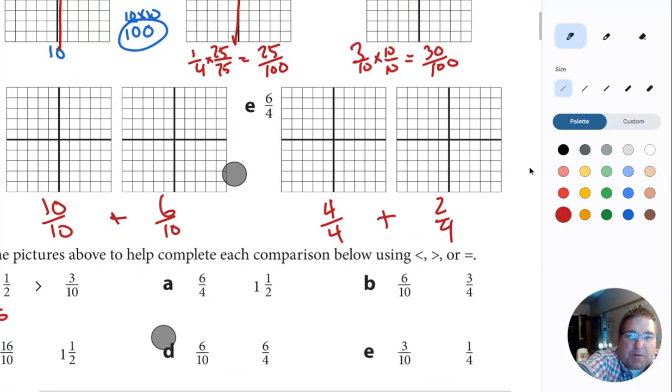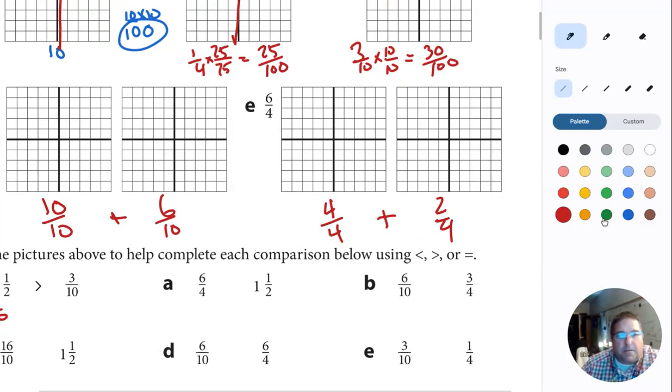We'll zoom in a little more. That 6/4 we can really think about as 4/4 plus 2/4, right? So that's 1 2/4. So improper fraction versus mixed number. Now think about if I have 1 2/4, compare that to 1 1/2, which is bigger.